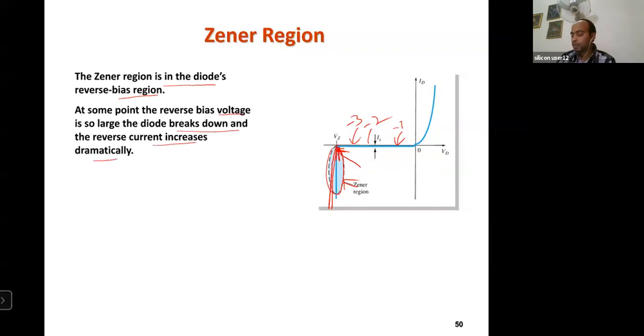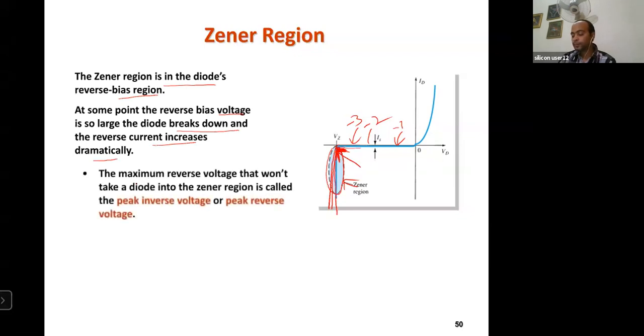So what happened at this point? The diode breaks down and the reverse current increases rapidly, dramatically. And the voltage at which this happens is called the peak inverse voltage, or it is also called peak reverse voltage.